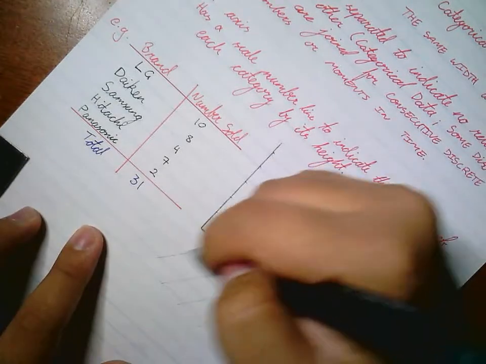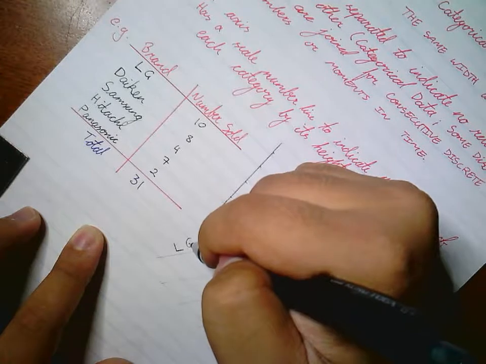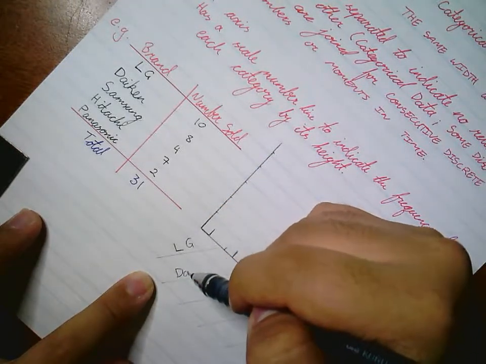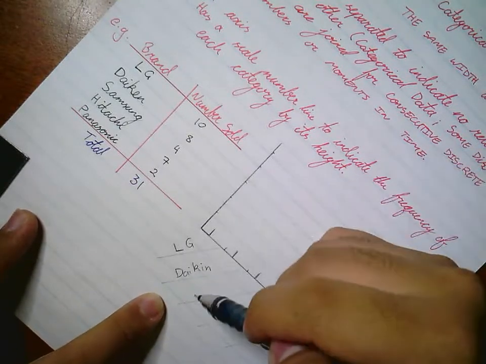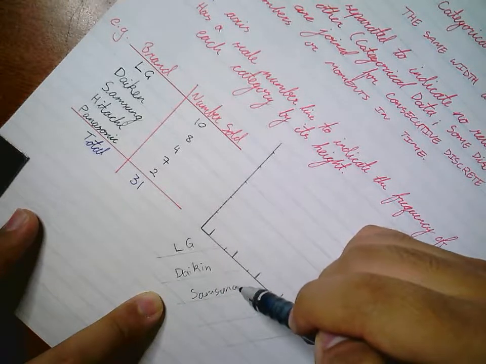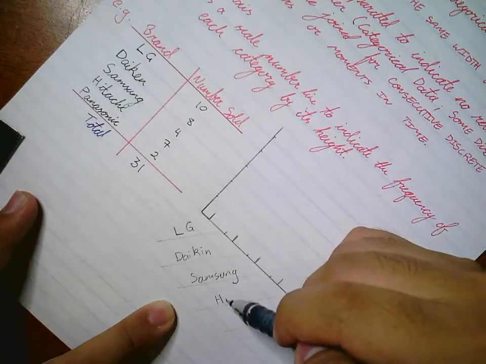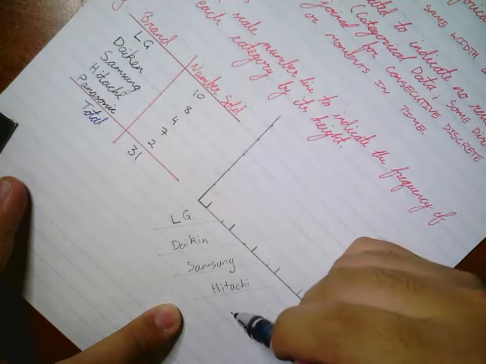So for example, this first label is going to be LG. This is going to be Daikin. It's going to be Samsung. It's going to be Hitachi. And this one's going to be Panasonic.